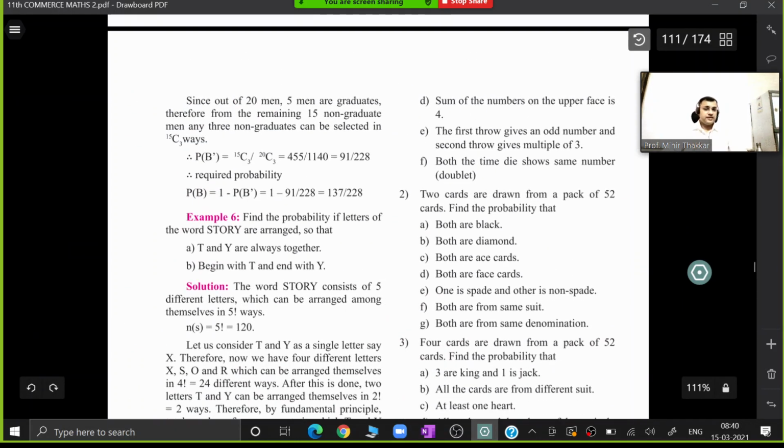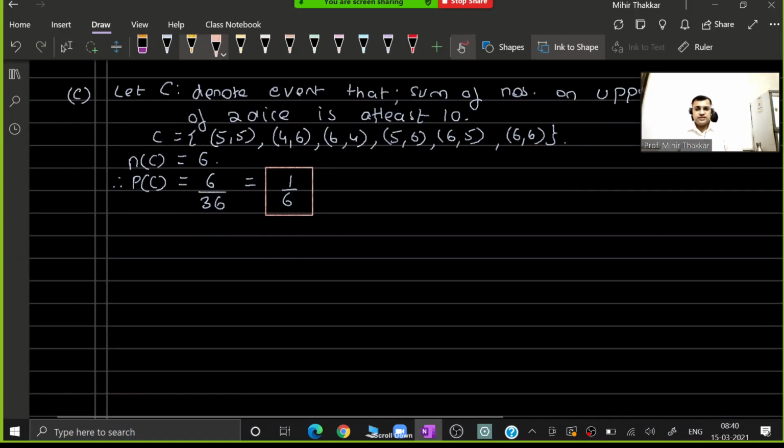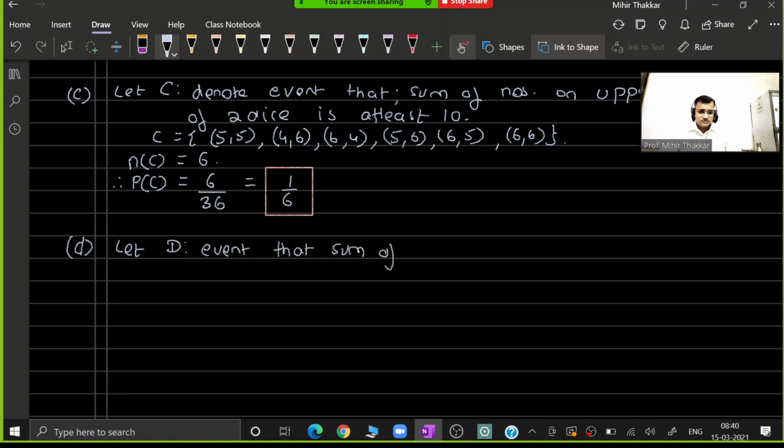Then the next part, or the D part, says the sum of the numbers on the upper face is 4. The sum is required to be just 4, so it's very easy, guys. I'll consider over here event D. Let D denote the event that the sum of numbers on the upper face is 4.